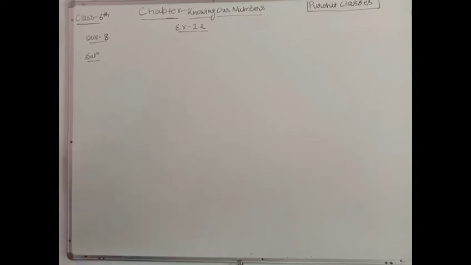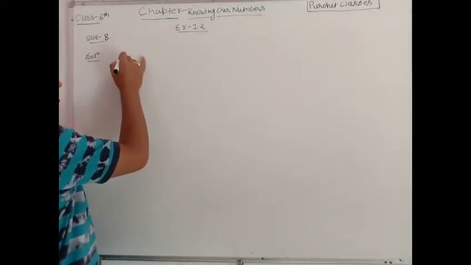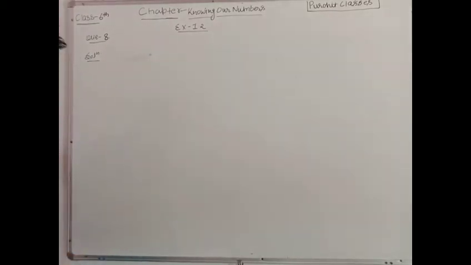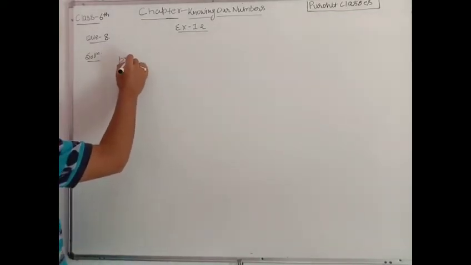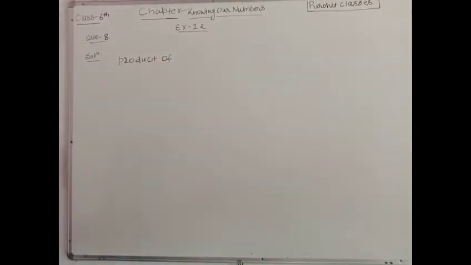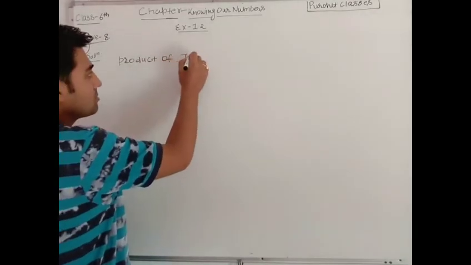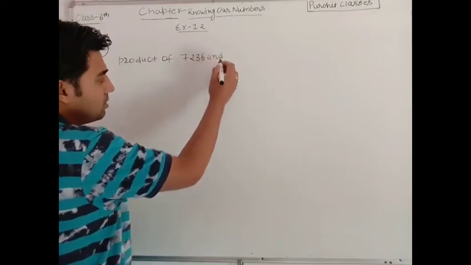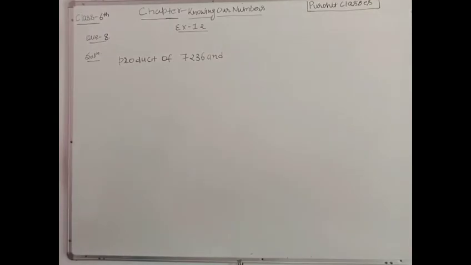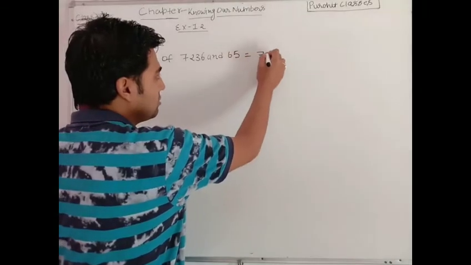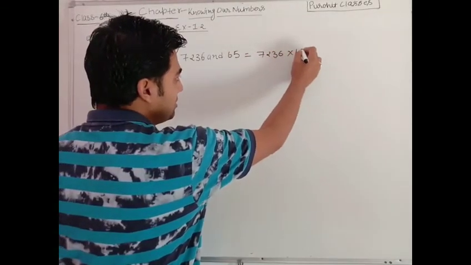Okay, so multiplication, or we can write here product. Product means the result after multiplying any two numbers. Product of 7,236 and, by mistake he multiplied it by 65, is given by 7,236 multiplied by 65.